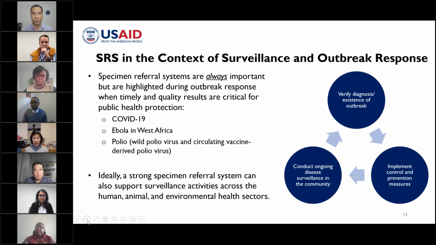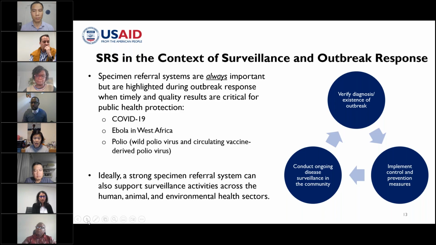Specimen referral systems are always important, but they are increasingly important during outbreak response. And we can really see many examples over the past couple of years where timely and quality results are critical for public health protection. So we could see this, of course, during COVID, during Ebola initially in West Africa and some of the subsequent outbreaks.